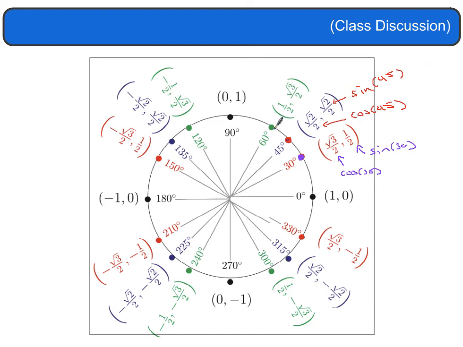Likewise, if I looked right here, this one right here would be my cosine of 60, and this one right here would be my sine of 60. And they give you the references all the way around: 120, 135, 150, 180, 210, 225, 240, right?